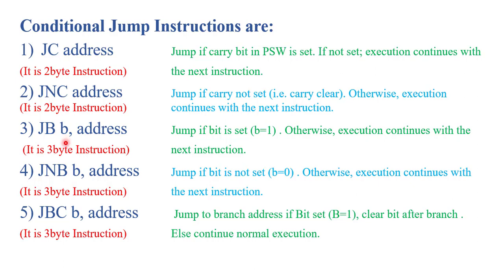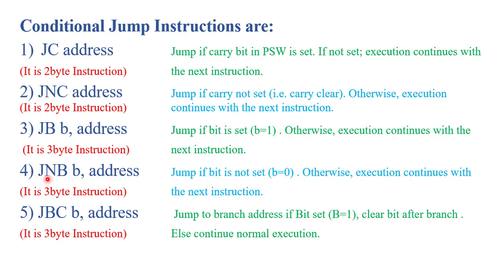If the bit is not set, meaning bit equals 0, the program counter is not loaded with the new address. It continues to execute the very next instruction. The total length of this instruction is 3 bytes: 1 byte for the opcode, 1 byte for the bit, and 1 byte for the label or address.